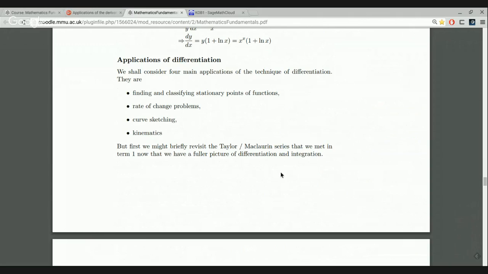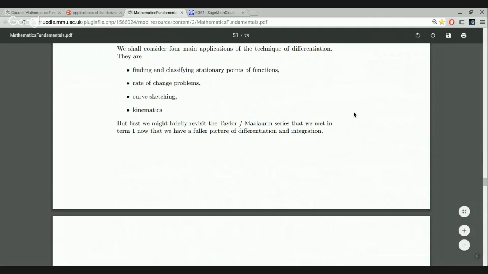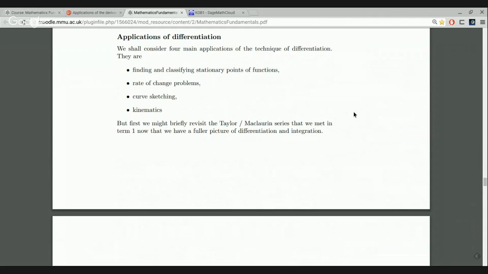There's a few application areas listed here to do with finding and classifying stationary points of functions. And that's related to solving various kinds of optimization problems. We'll also do a little bit on the idea of curve sketching, being able to pick out the important features of the graph or the curve of a mathematical function.